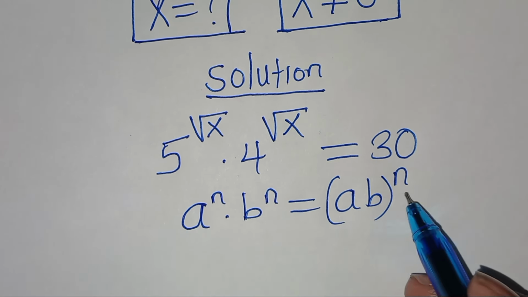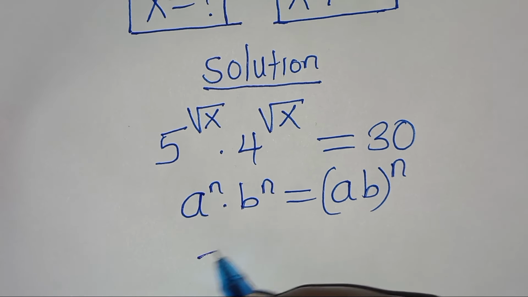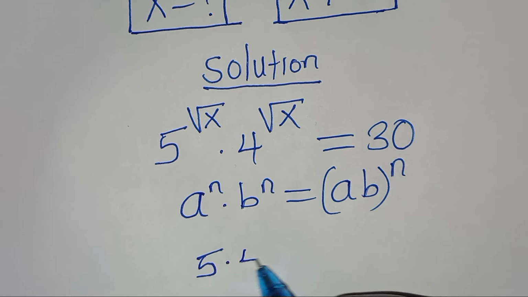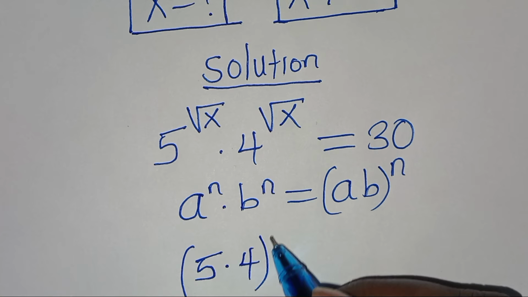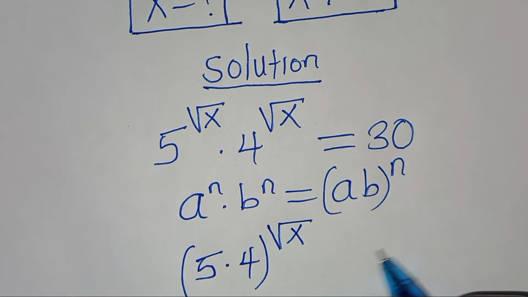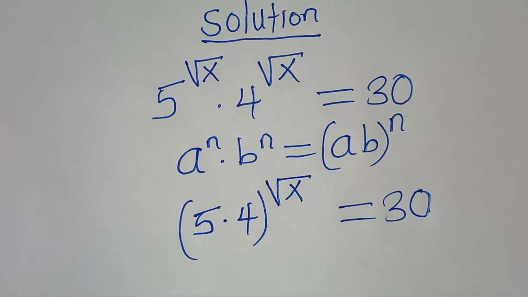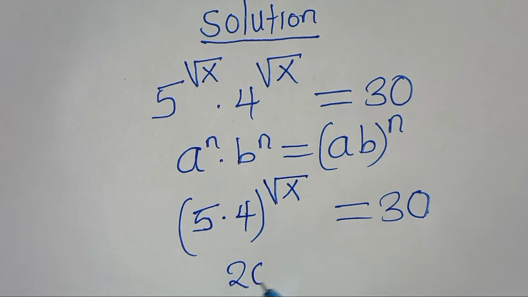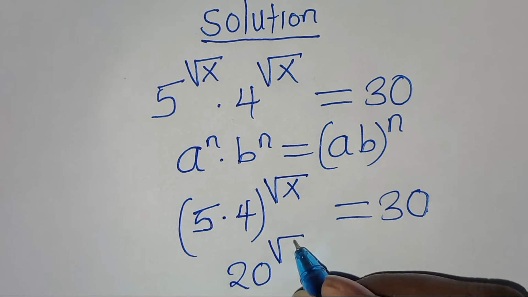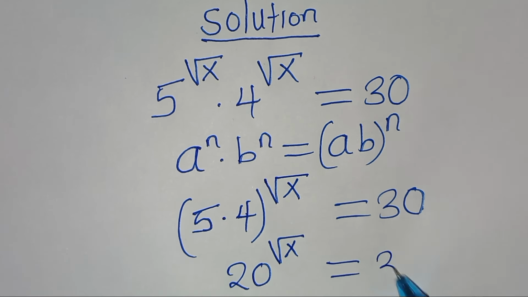So let's apply this exponent property so that we have 5 multiplied by 4, raised to the power of square root of x, equal to 30. This implies that 5 times 4 is 20, so 20 raised to the power of square root of x is equal to 30.